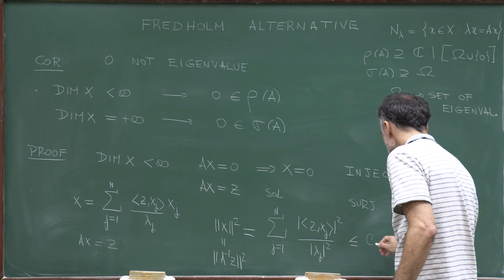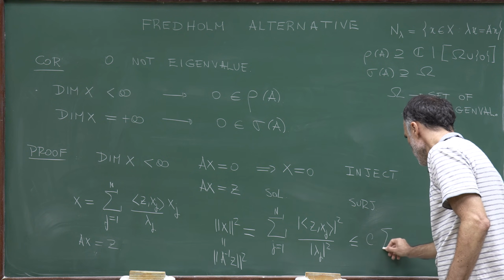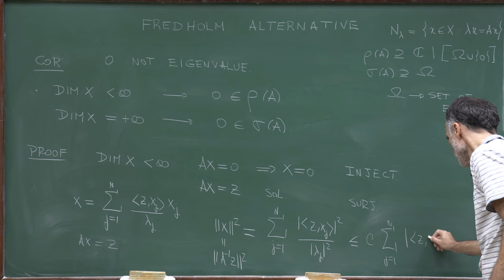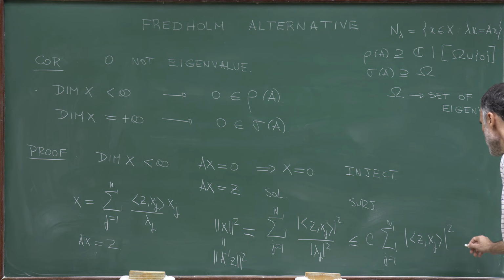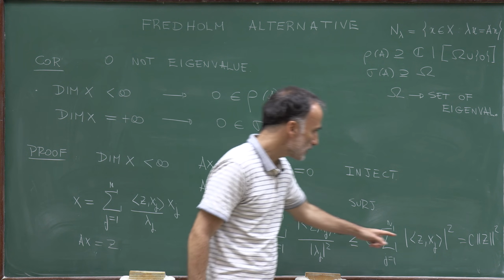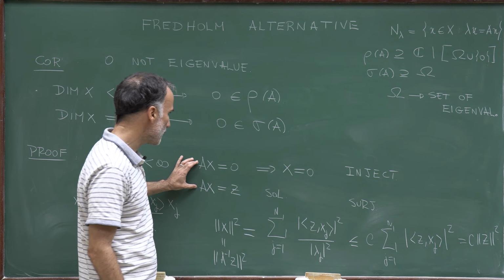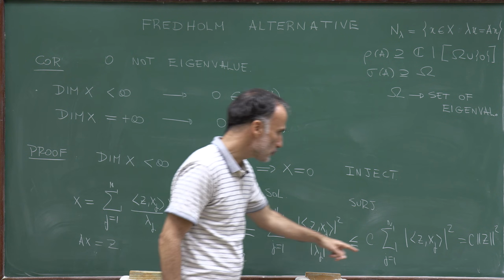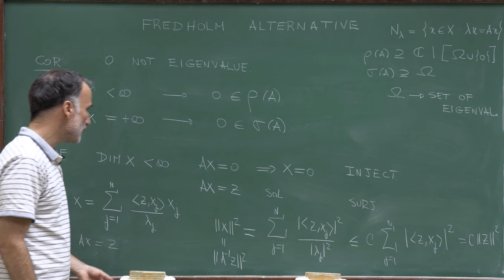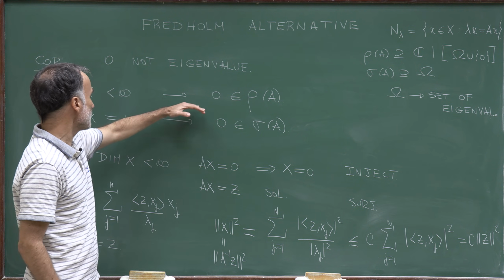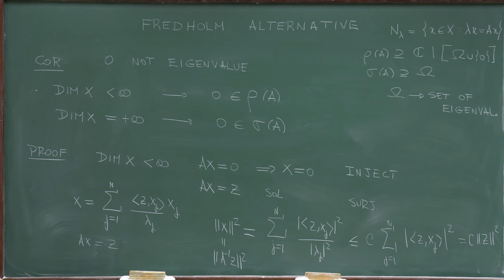So this is bounded by some constant which depends on these lambda j's, and this is equal to the constant times the norm of z squared. So this proves that indeed A minus 1 is a bounded linear operator. So A minus 1 exists because A is injective and surjective. And this proves that A minus 1 is a bounded operator, which means that 0 belongs to the resolvent of A, as we claimed.